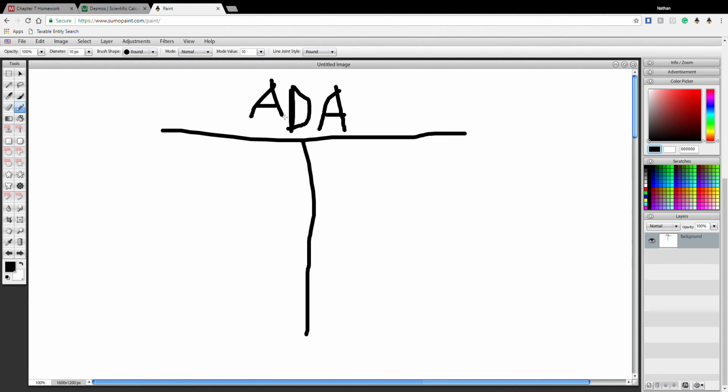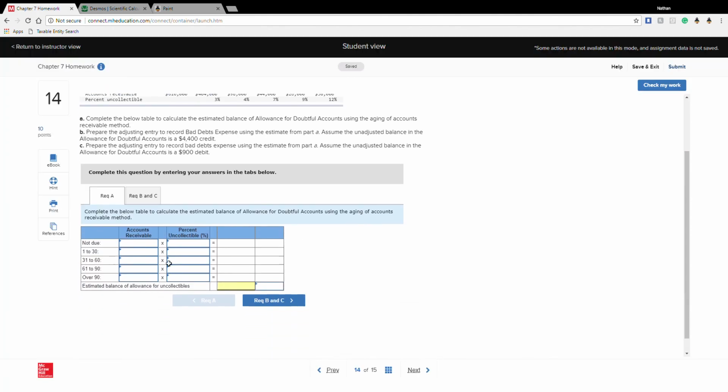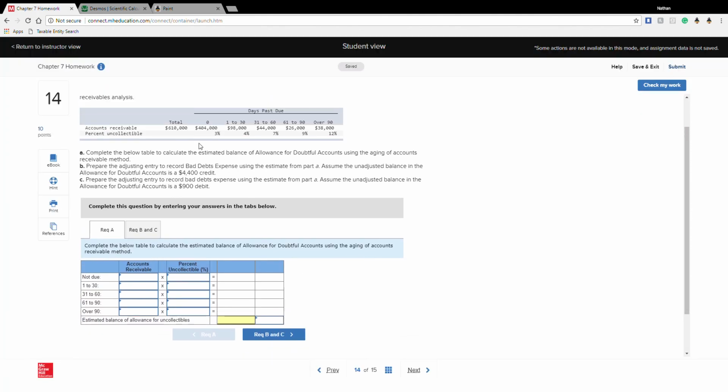Alright. So with this, let's start off with Part A. Part A is basically taking what's up here and putting it in this chart. So not due. Well, 0 days is technically not due. So 404,123, and then put in your percentage. And Connect is going to calculate for you.